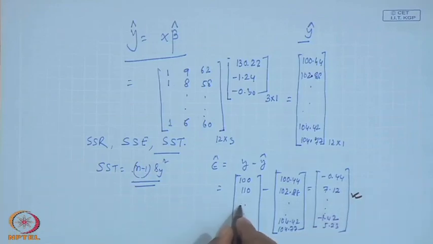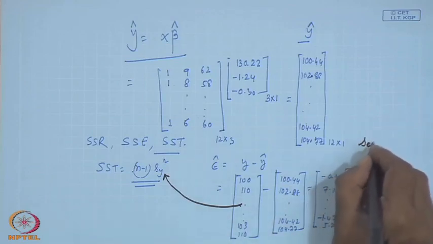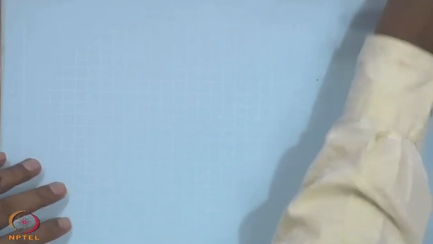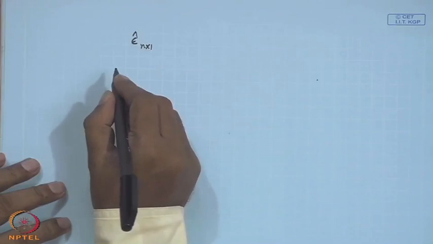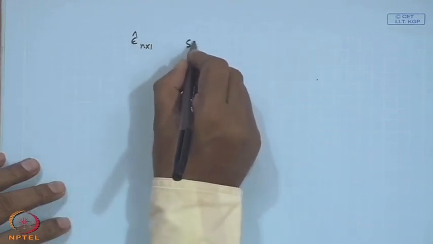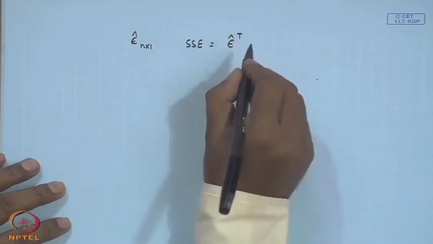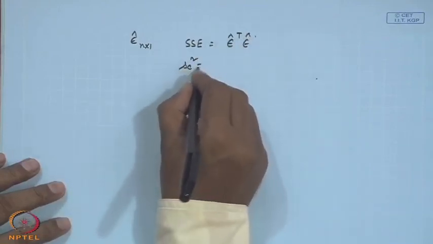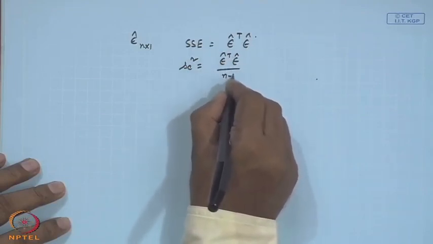From this you can calculate s e square. How do you calculate it? Our epsilon cap is n cross 1. SSE is epsilon cap transpose epsilon cap. s e square is epsilon cap transpose epsilon cap divided by the degrees of freedom n minus p minus 1.